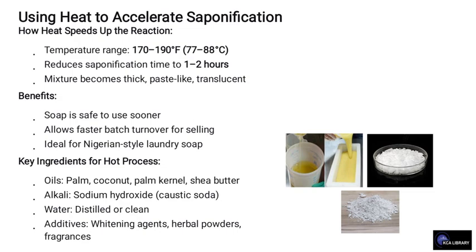The mixture becomes thick and paste-like in a short time. Benefits: soap is safe to use sooner. It allows faster batch turnover for selling. It is ideal for Nigerian-style laundry soap. The key ingredients for hot process include oils, alkali, water, and additives.